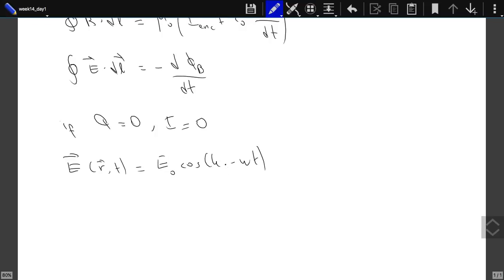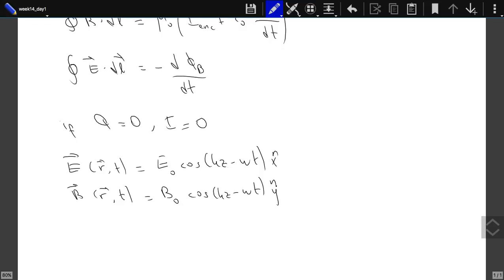in the x direction, and the B is equal to B0 cosine (kz minus omega t) in the y direction. I'm just making these up.